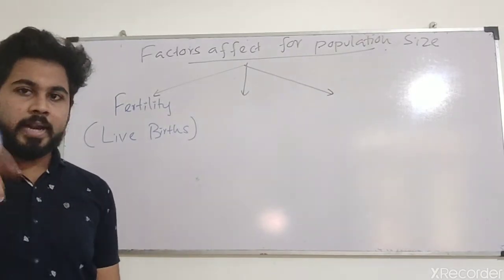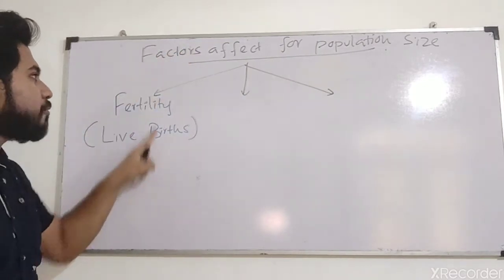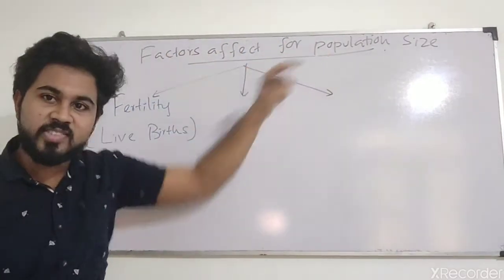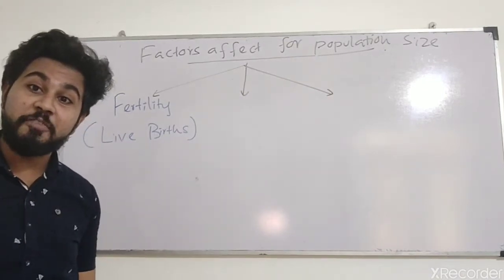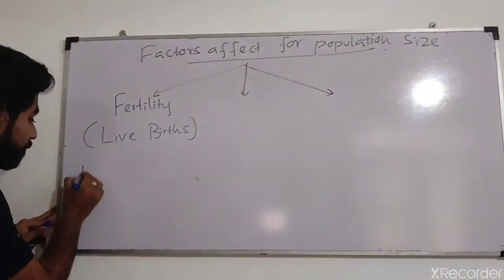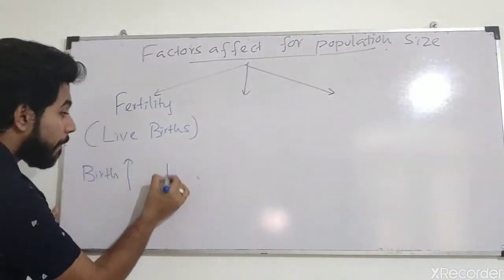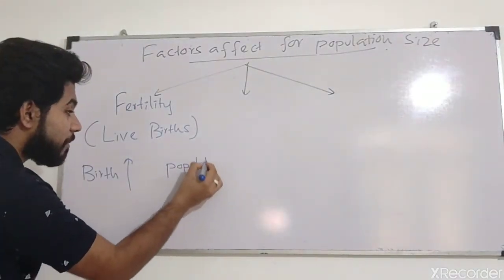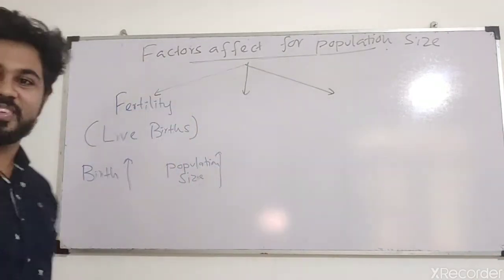Keep in mind. Now tell me, what is the impact of fertility or live births on the population size? If the number of live births increases, what will happen to the population in future? Yes, if births increase, population size also will increase. Clear?